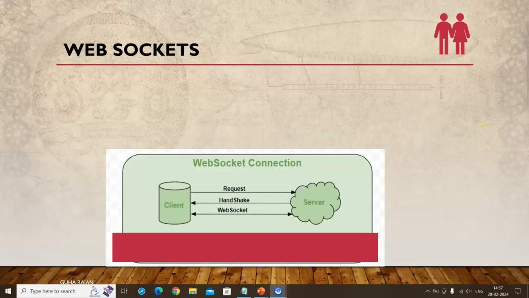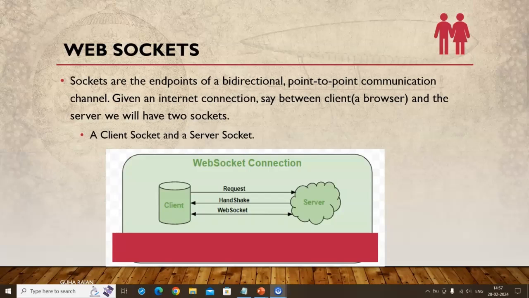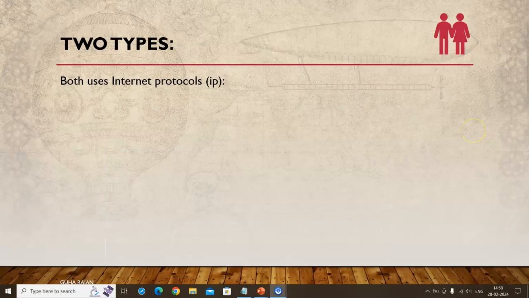A handshake happens between client and server, and post handshake, the information is sent across. Sockets are the endpoints of a bidirectional, point-to-point communication channel. Given an internet connection between client and server, we'll have a client socket and a server socket as well.